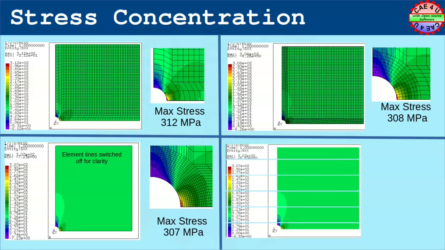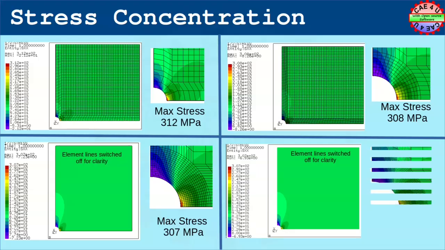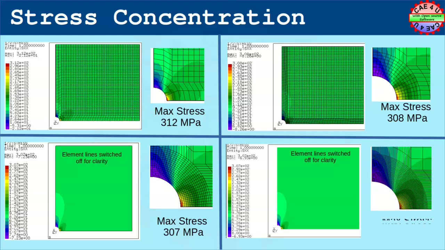Viewers can separately verify that the expected peak stress near the circular cutout, for this case, is about 300 MPa.